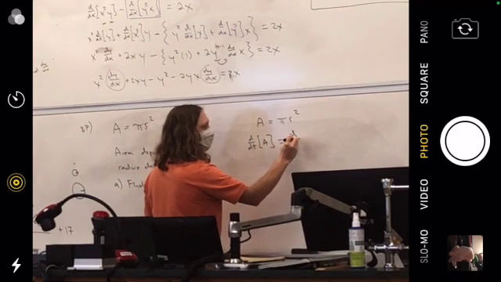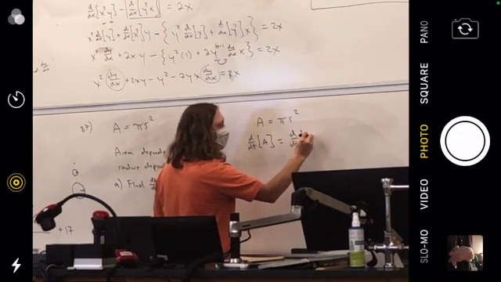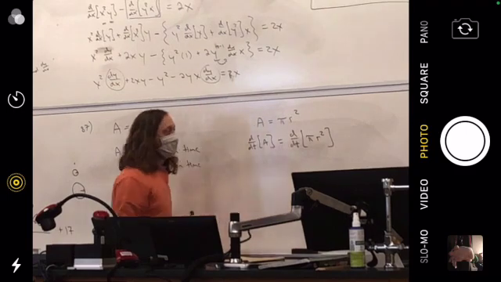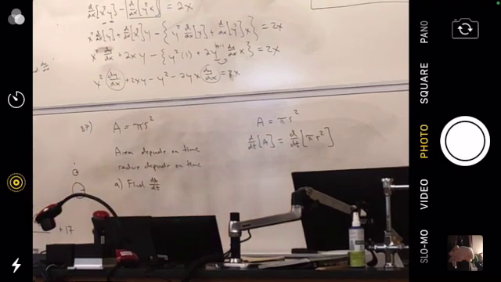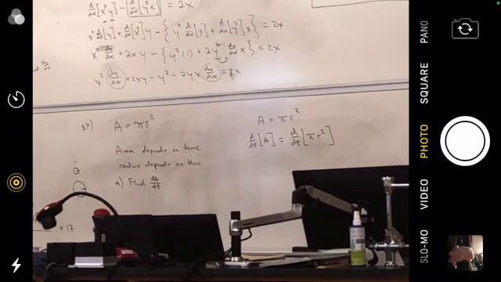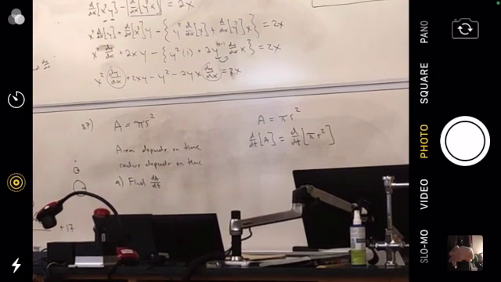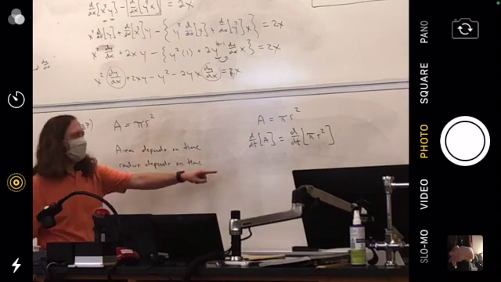That means if I take the derivative on the left and the derivative on the right, they must be the same thing, right? What is my underlying variable? Time. It says the radius depends on time. The area depends on time. So my independent variable must be time. When I write d/dt, I don't write d/dx, I write d/dt. It depends on time. All right? This is always your independent variable part down here.